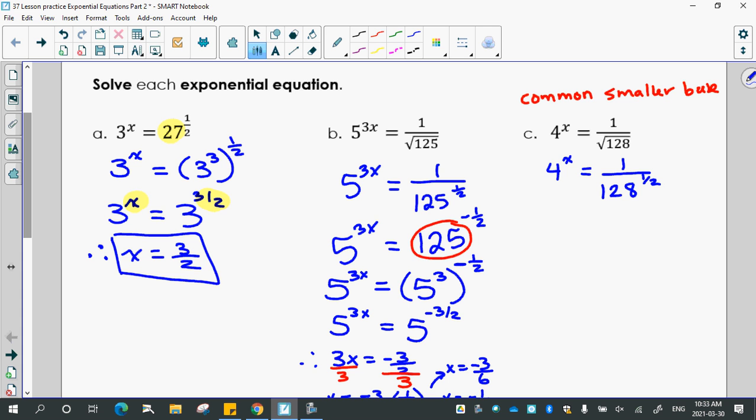And then I want it up in the numerator, so I would make it 128 to the negative 1/2.